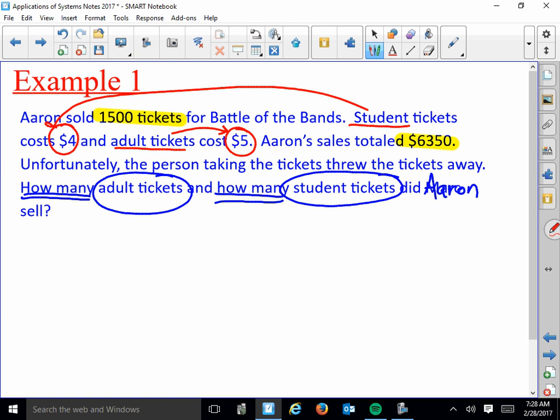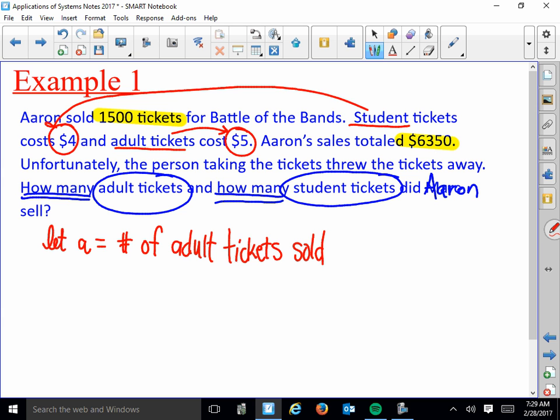I know exactly how to define the variables because I need to answer the question that's asked, how many adult tickets? So I am going to let A equal the number of adult tickets that were sold, and I am going to let S be the number of student tickets.